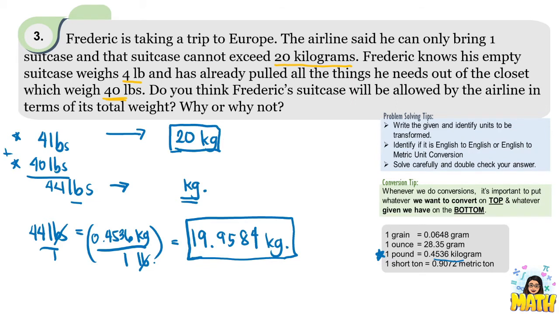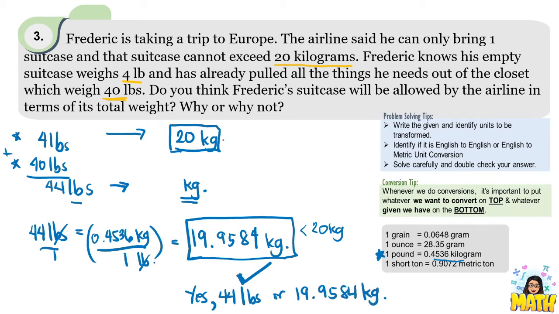And if we compare it to this one is less than 20 kilograms, which means papayagan yung laman niyang suitcase. So therefore, this one is a yes because his suitcase weighs 44 pounds or 19.9584 kilograms, which does not exceed 20 kilograms.